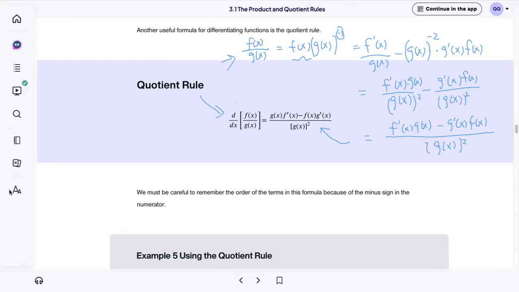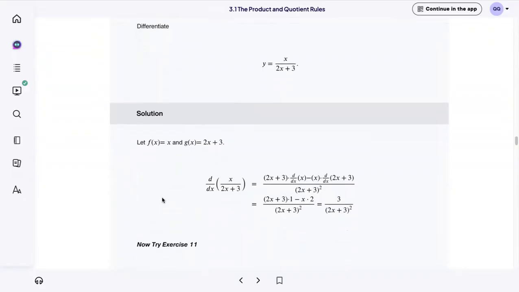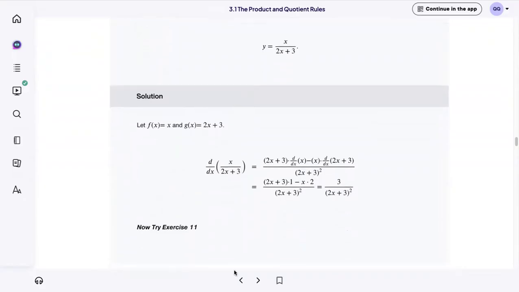Let's see some examples. Let's see this one. So the top function, f function, is x, the identity function. The bottom function is a linear function. If I want to go with the product rule, I can write it as x times 2x plus 3 raised by -1. Then I take the derivative of the first one, which is just 1, then multiply by the second one, so I get 1 over 2x plus 3.